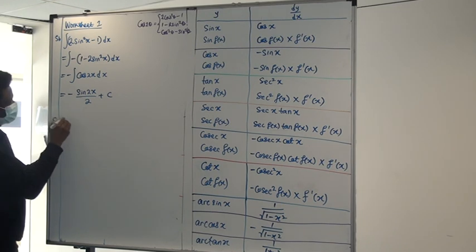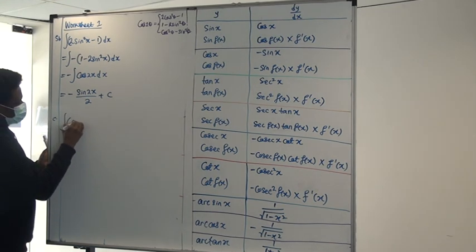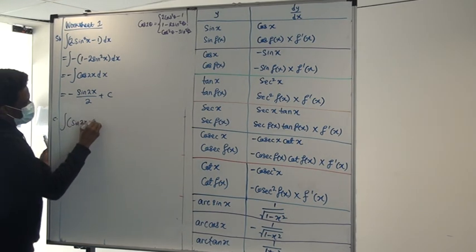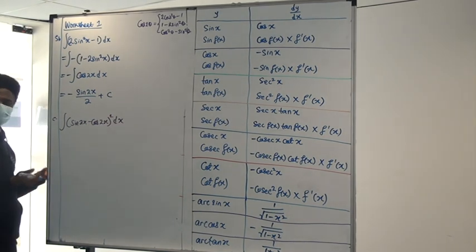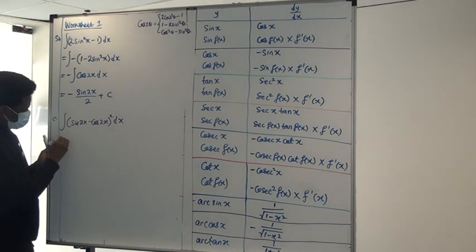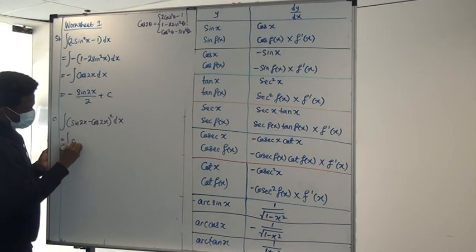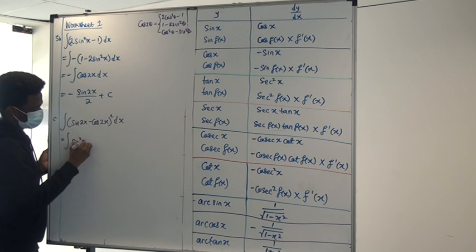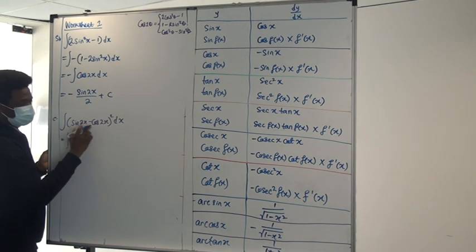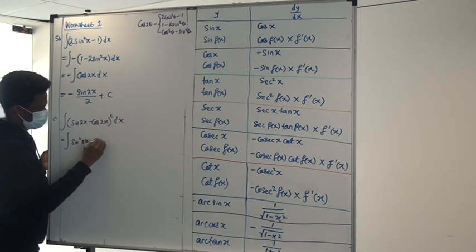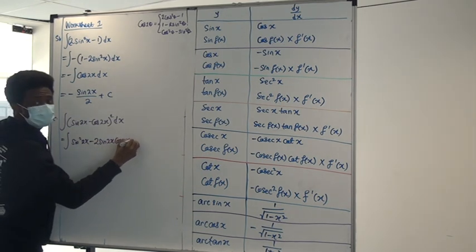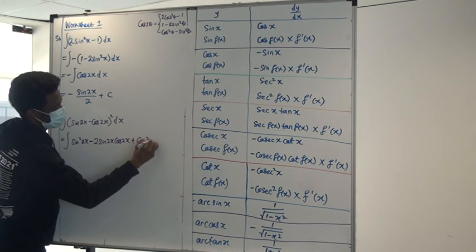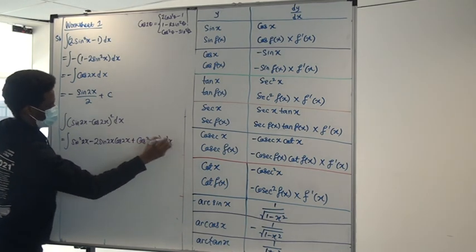Question says integral of sine 2x minus cos 2x, all squared. So you expand the bracket. So I have sine squared 2x, right? The 2 will multiply, so you have minus 2 sine 2x cos 2x, right? Then you have plus cos squared 2x dx.